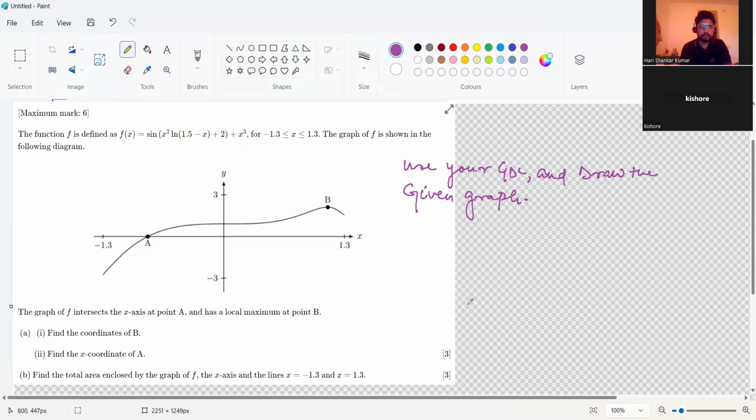So I got the answer. The x coordinate of A is equal to negative 0.8179, so I write negative 0.818.